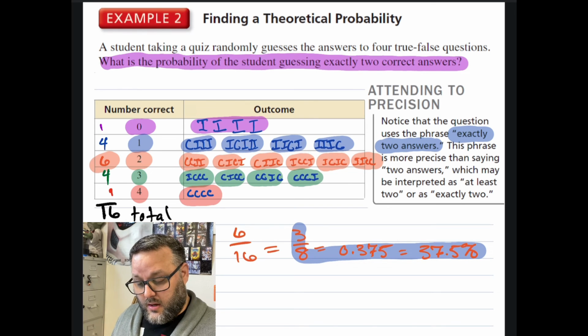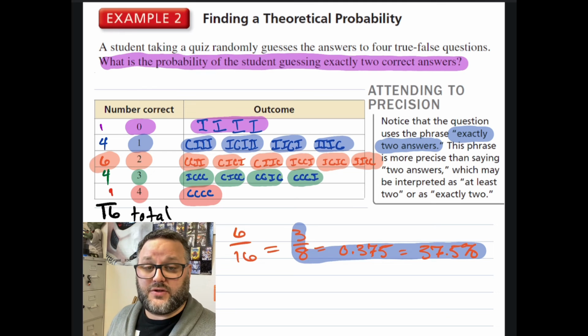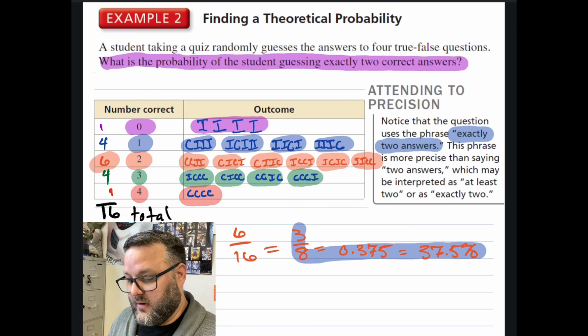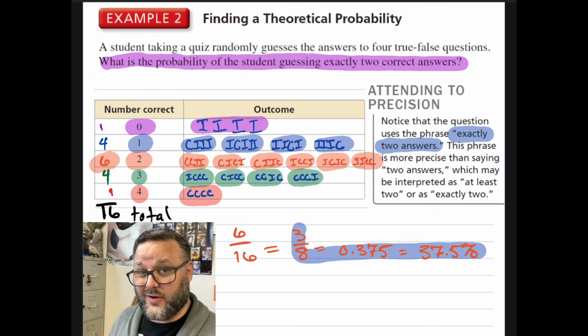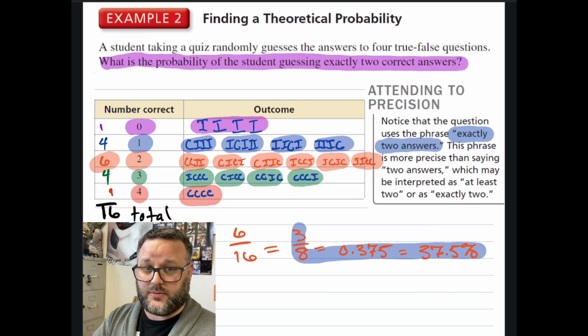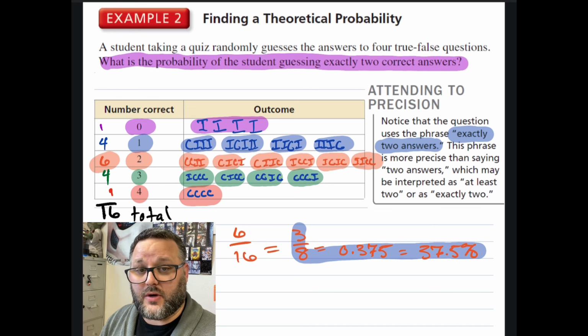So the probability itself is usually done in a percent, so you're going to have to convert that fraction into a percent. But for what we're doing, as long as you're accurate in one of those 3, so if you mess up converting fraction to decimal or decimal to percent, as long as one of those 3 is correct, you're going to get it right. That's just the practice we're in.